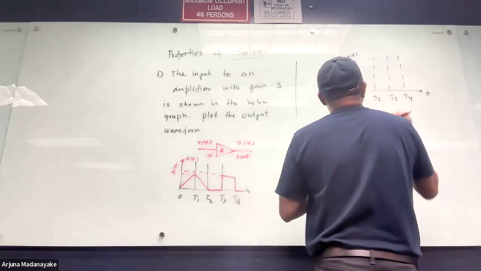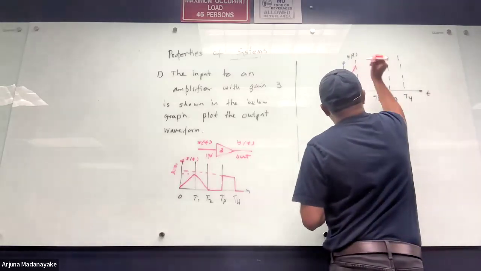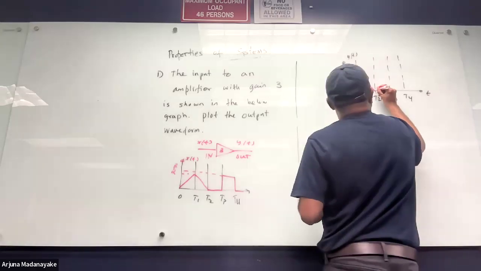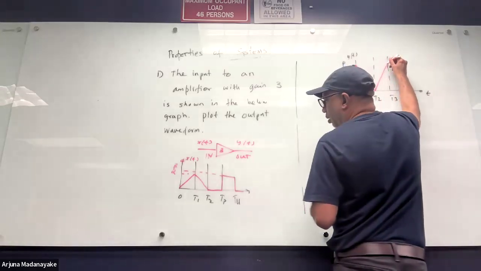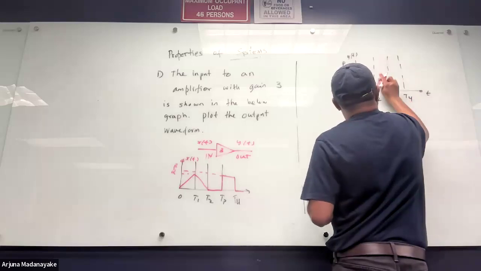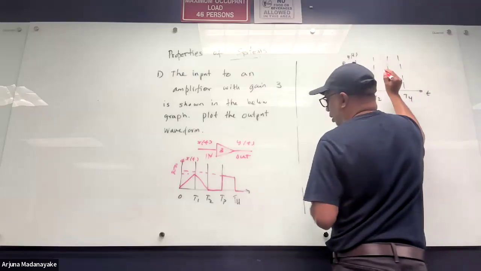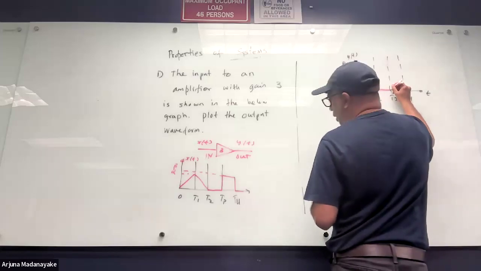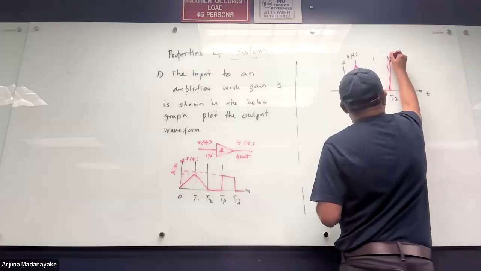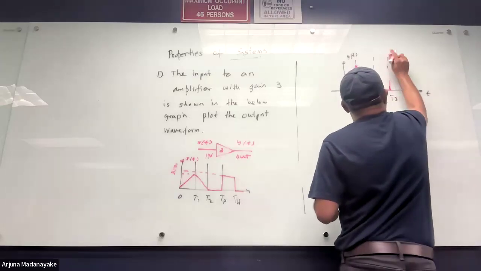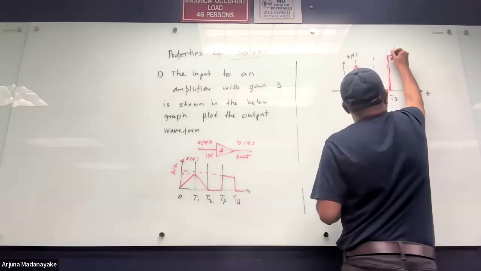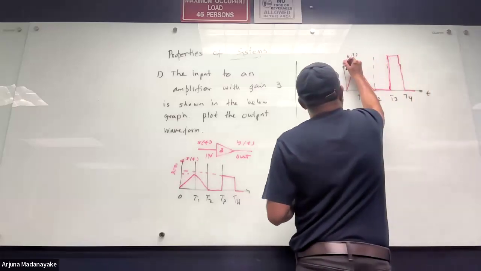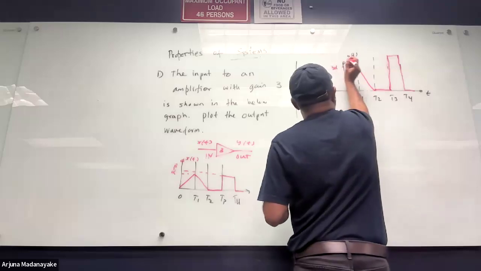Come back to 0. So this point is going to be 3 times alpha.